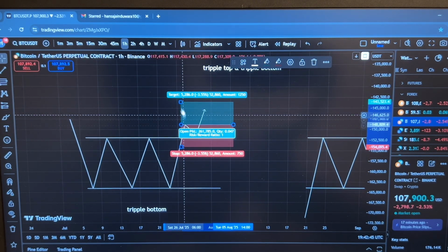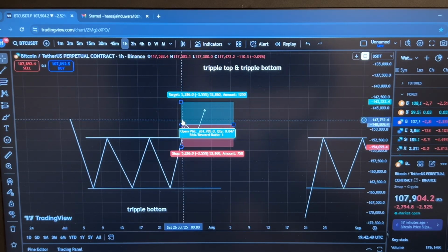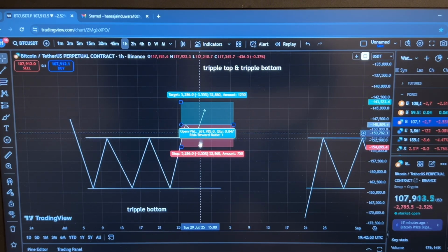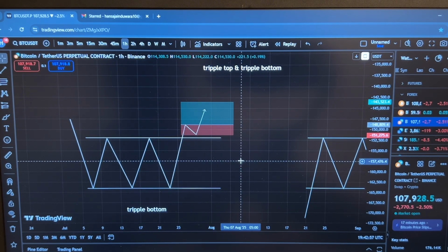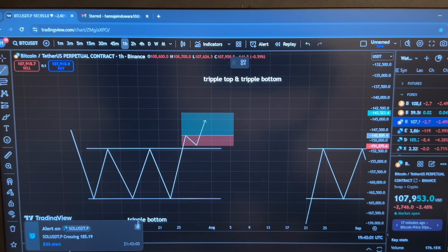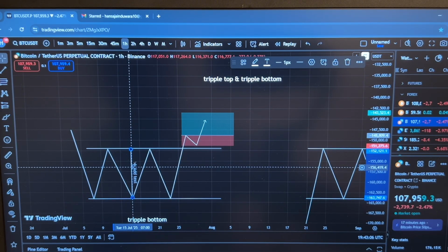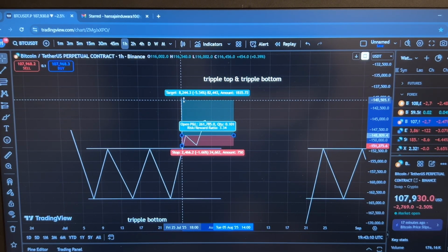We put it over here, and then once it confirms this by hunting this high, once it confirms the retest, we bring the stop loss to the retest point. And what I do is I get this length and just keep it to the breaking point and bring the TP here.